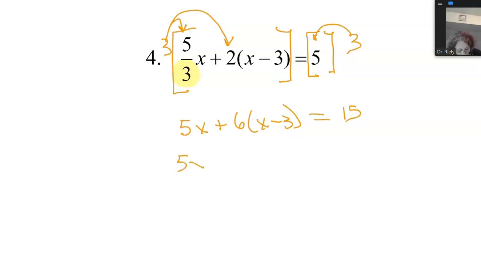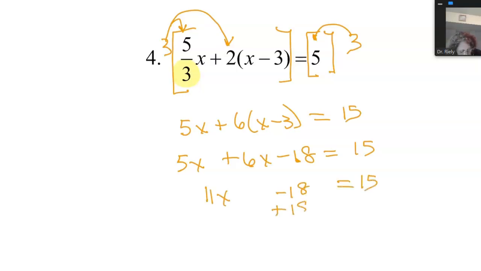Okay, now go one more step. Okay, so now combine like terms. 5x and 6x are 11x. So I have 11x minus 18 equals 15, plus 18 on both sides.